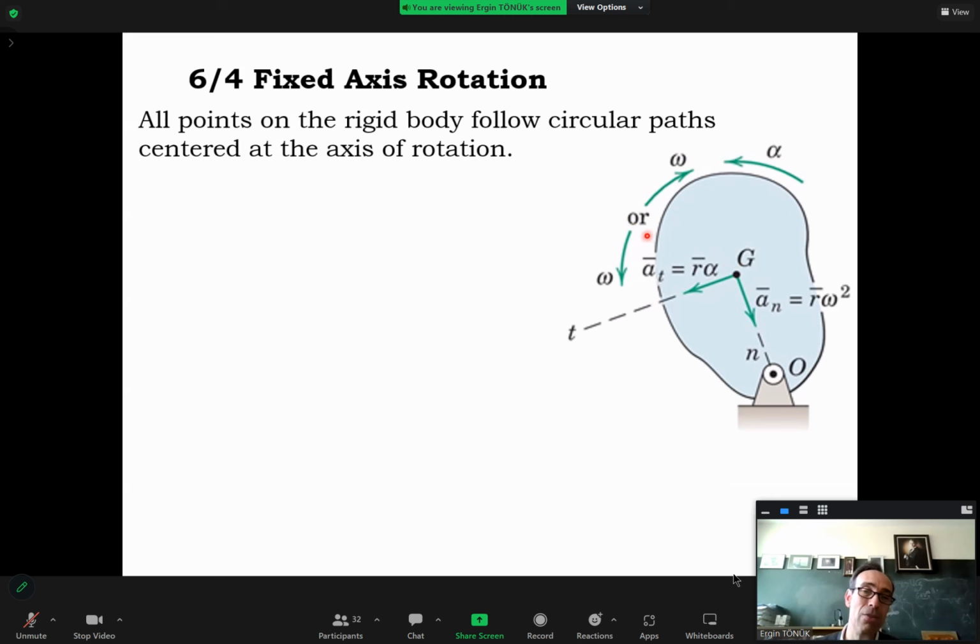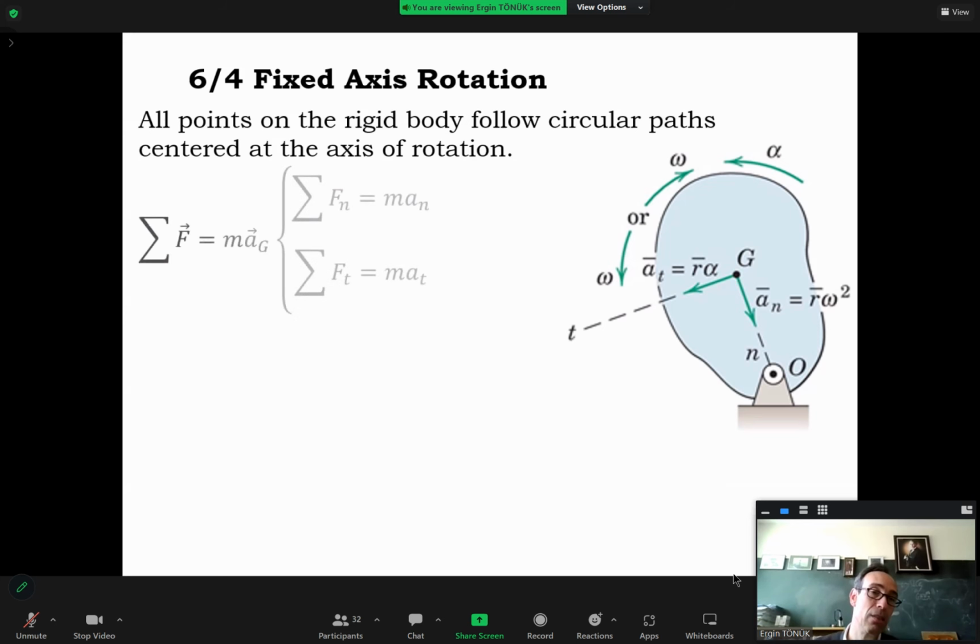Let's assume everything is counterclockwise. If it's clockwise, then omega is negative. So disregard this omega, or in the book, assume this is positive, alpha is positive, and the mass center is going to have a tangential acceleration, which is r, that's the distance of mass center from the rotation axis, r alpha, and a normal acceleration, r omega square.